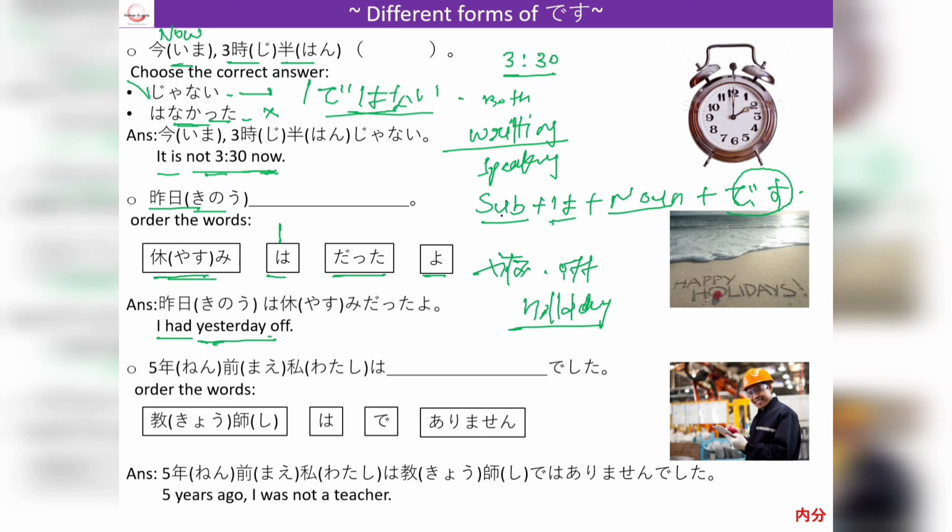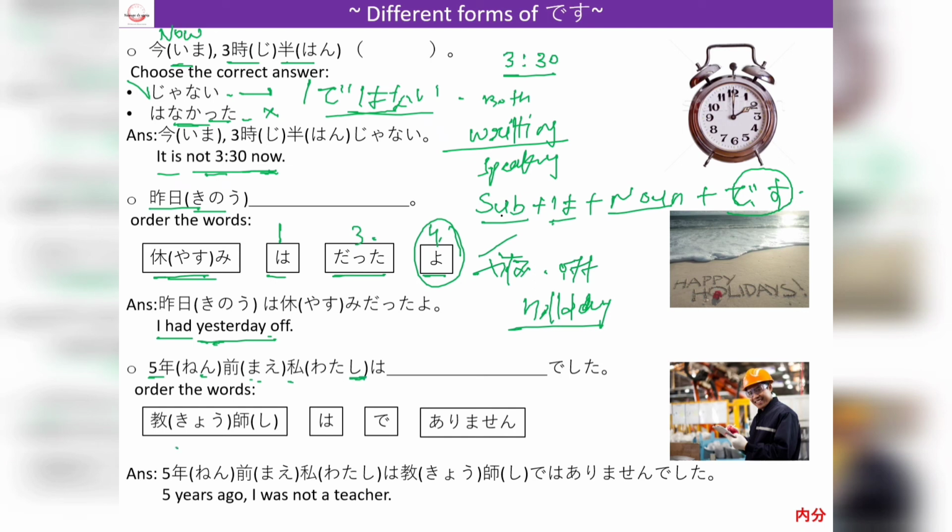Kino wa yasumi datta yo. This particle will always be used at the end of the sentence. And our final is go nen mae watashi wa.